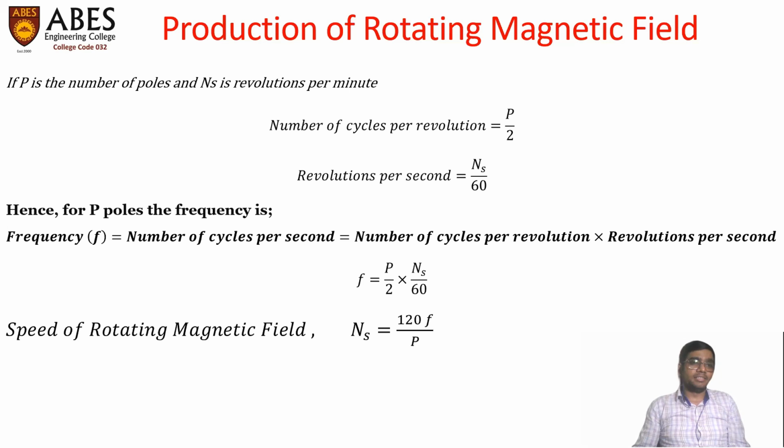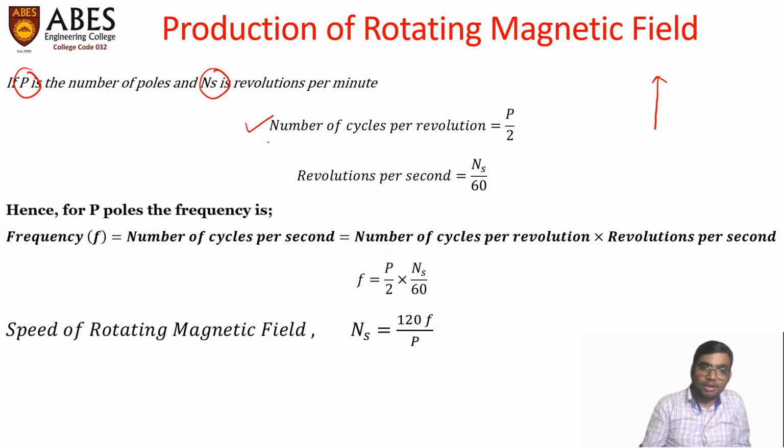Let us consider a general case. Let us consider a machine with P number of poles. Let us say the number of poles in the machine is P and Ns is the revolutions per minute, meaning the number of revolutions per minute of the magnetic field poles is Ns. Then the number of cycles per revolution is P by 2.